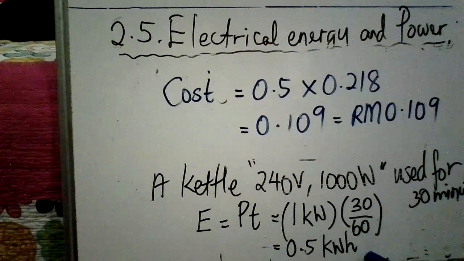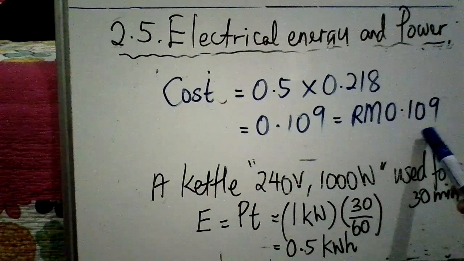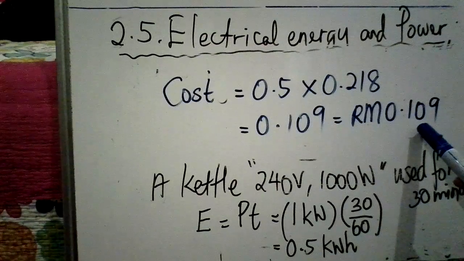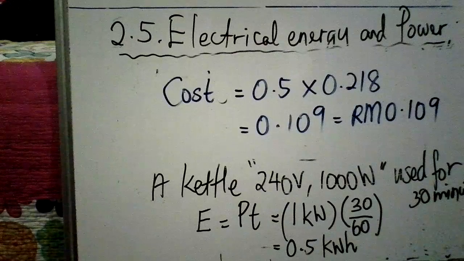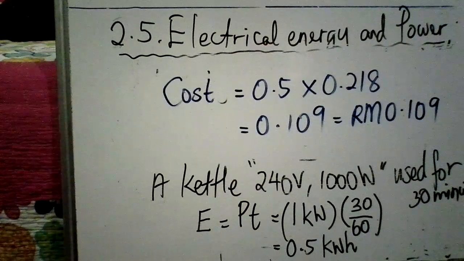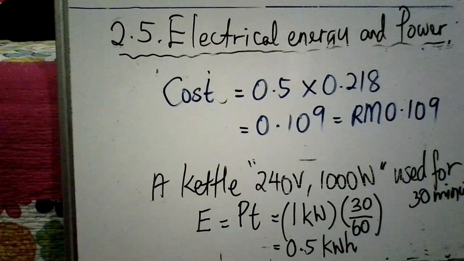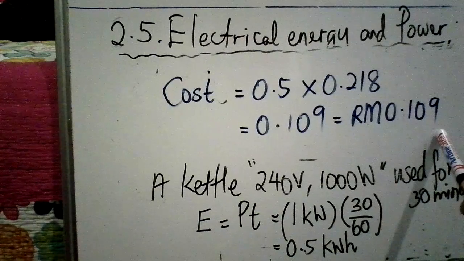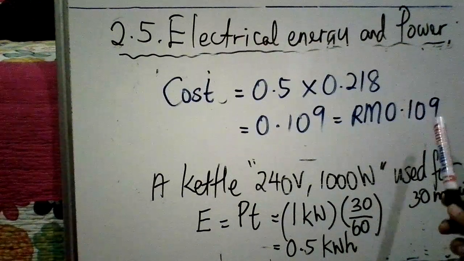Then you find the total units, then multiply with the electrical tariff, and you get the cost of energy consumption. So you can do some calculation problems regarding this. If you discuss cost, this will come out in Paper 2 or SPM.